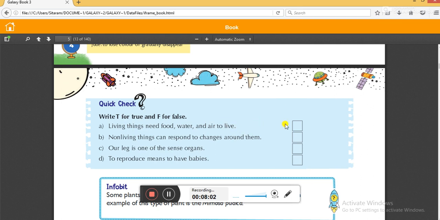Yes, so you need to write T here, which means true. Non-living things can respond to changes around them. It doesn't have sense organs. Do non-living things have sense organs? No, they don't. So non-living things cannot respond to changes around them.